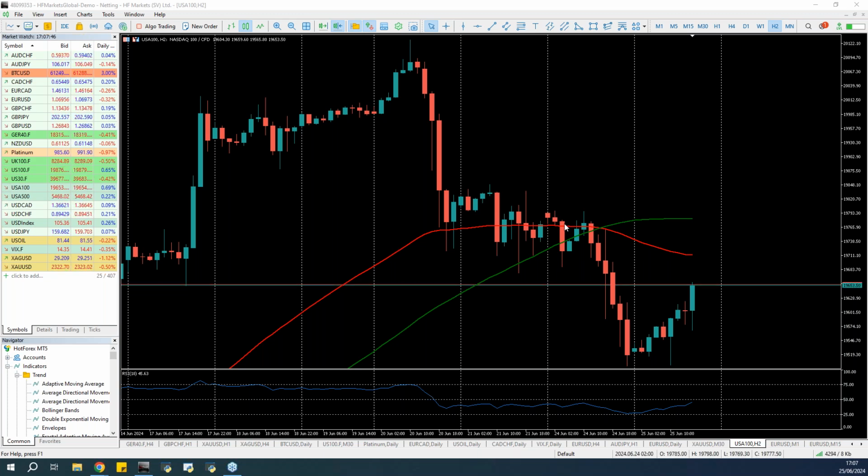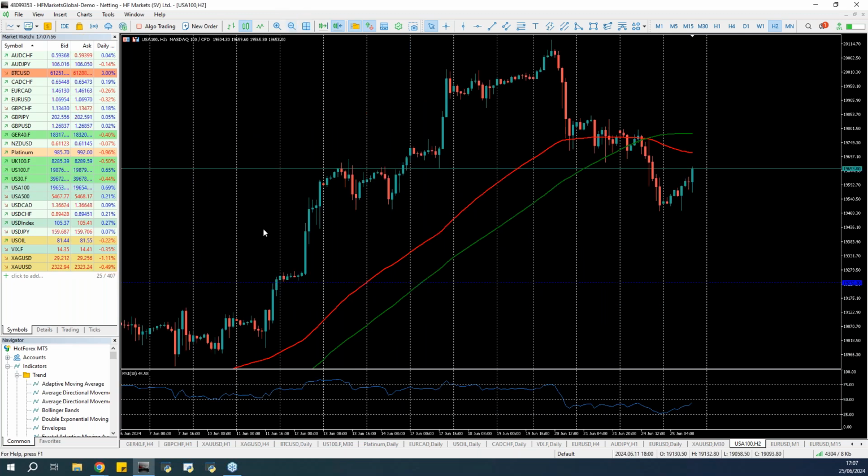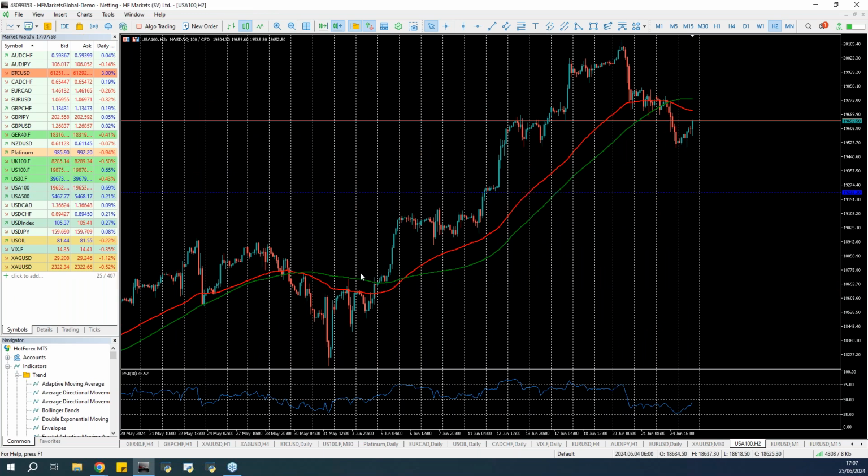So this red line, the 75-bar exponential moving average, and the green line, like I said, are known as sentiment lines. Now, if the price is above the moving average, so for example, between the 5th of June all the way up to this candlestick here, the 20th of June, so for 15 full days, the price was very clearly above the 75-bar and the 100-bar moving average.